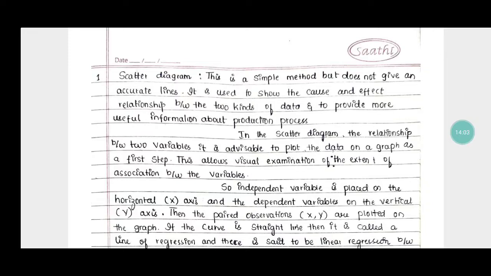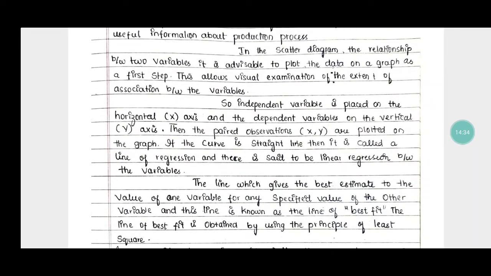It is used to show the cause and effect relationship between the two kinds of data and to provide more useful information for prediction purposes. The independent variable is placed on the horizontal x axis and the dependent variable on the vertical y axis. Then the paired observations x and y are plotted on the graph. If it is a curve or a straight line, then it is called a line of regression, and there is said to be a linear regression between the variables.